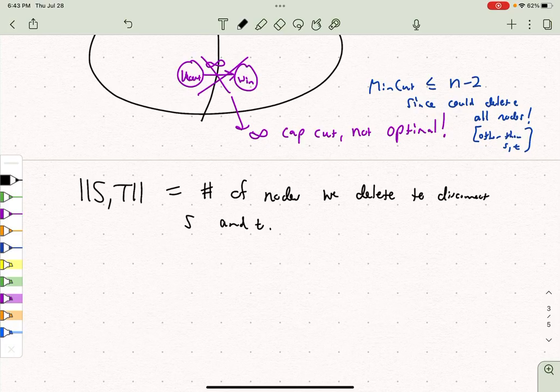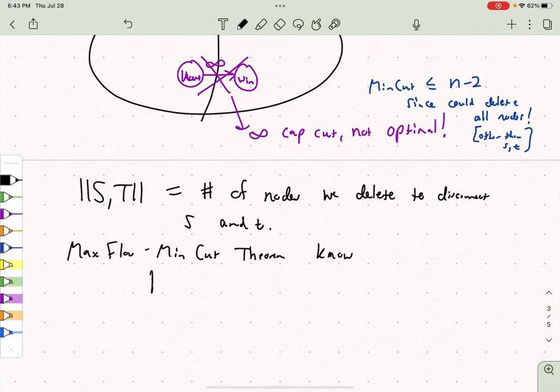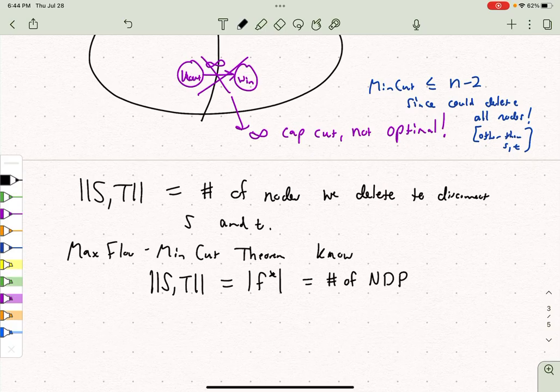So in particular, now using max flow min cut, we know that the capacity of the min cut is actually equal to the value of the max flow F star. And this value, by definition, is the number of node disjoint paths, the max number of them.